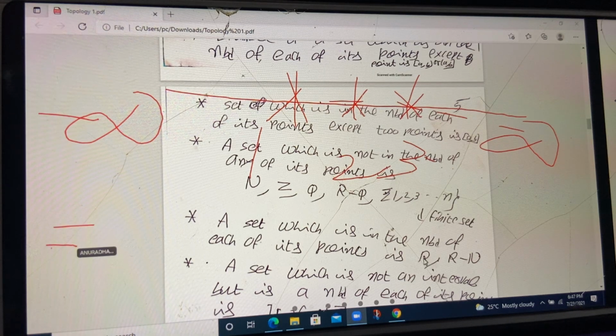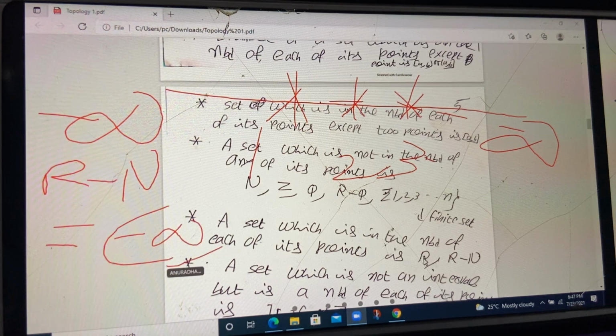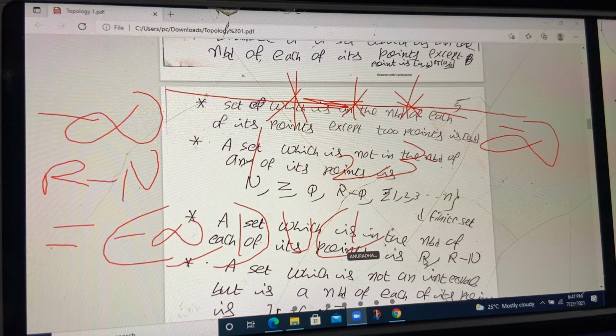Note down: R minus N is equal to minus infinity to 1, all real numbers included, union 1 comma 2, union 2 comma 3, and so on.